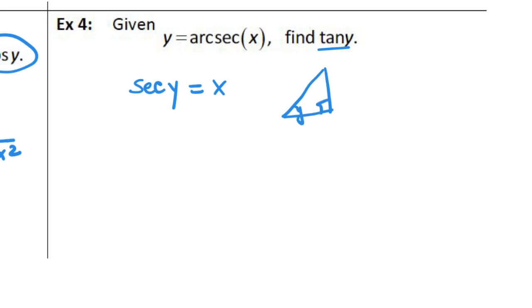For this one, we have the hypotenuse divided by the adjacent, and we can figure out the opposite side, which is the square root of x squared minus 1. So then what is the tangent of y? It's going to be your opposite, the square root of x squared minus 1, divided by your adjacent, which is 1.